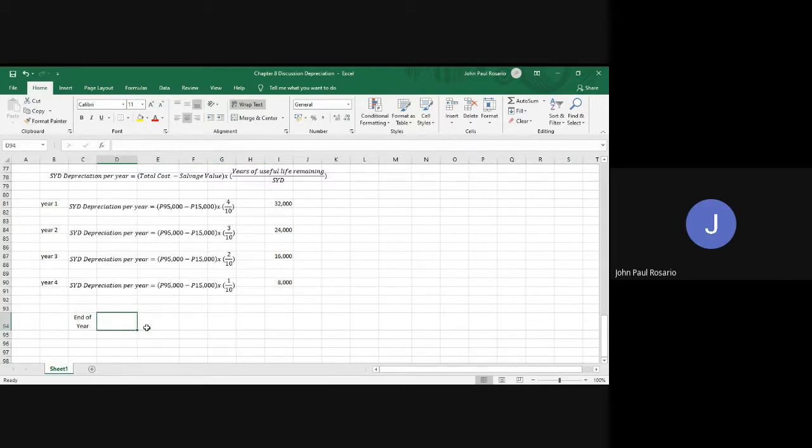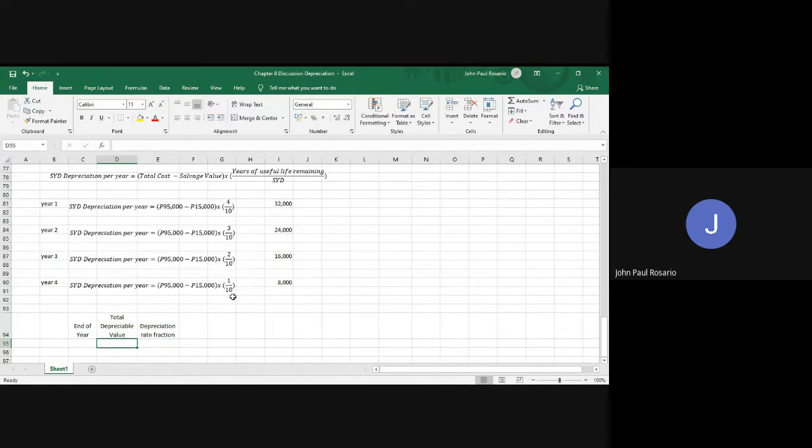Now we have our total depreciable value, and then we have our depreciation rate fraction, which is this one, guys.